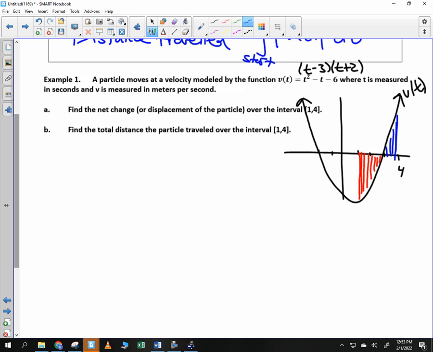By looking at the graph and just my rough sketch, do you think I move further to the left, or do you think I move further to the right? Looks like to the left, because that looks like where I've accumulated more area, right? That's what it would seem. How do we figure out the total displacement? Very easy.